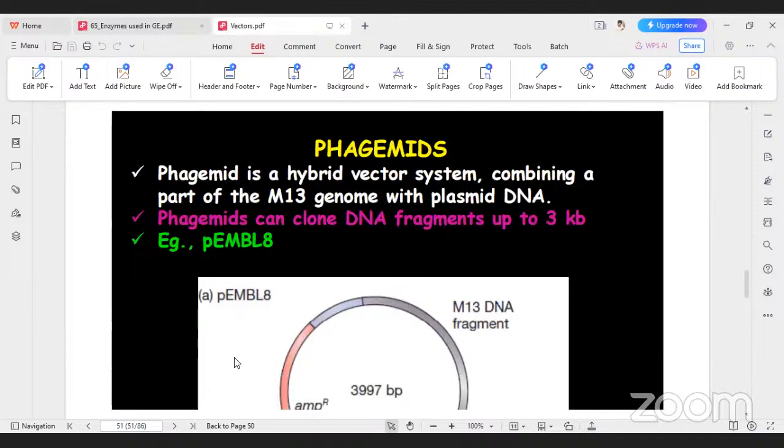Phasmid. A phasmid is an ideal vector combining part of the M13 genome and plasmid DNA. Lambda, plasmid, cosmid, M13, plasmid, phasmid. Example: pMBL.